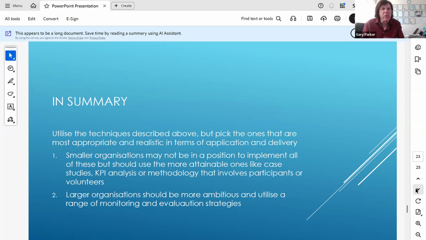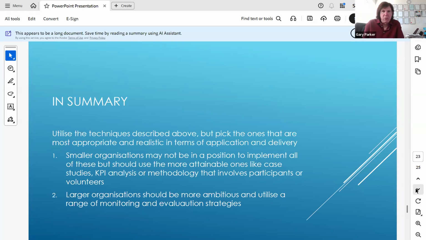But that's one of the reasons why I'm giving you some tools here, so you can pick the ones that are most appropriate to your project and your client group or beneficiaries, whoever they are. Smaller organizations may not be in a position to implement all of these, but should use the more attainable ones like case studies, KPI analysis, or methodology that involves participants or volunteers.